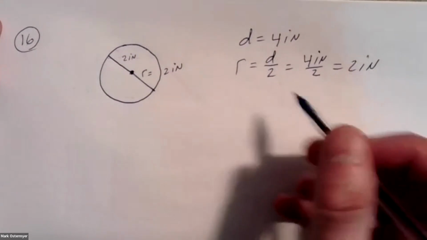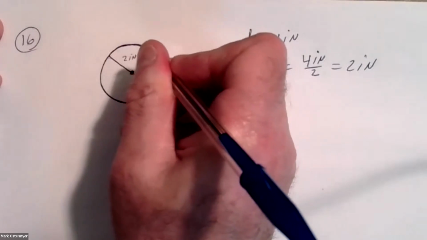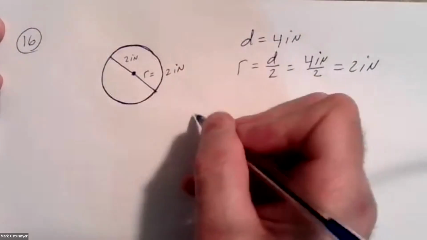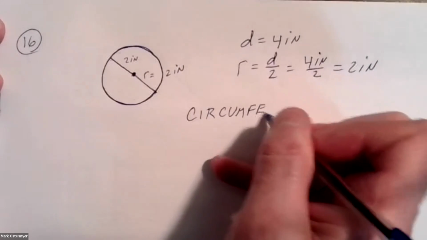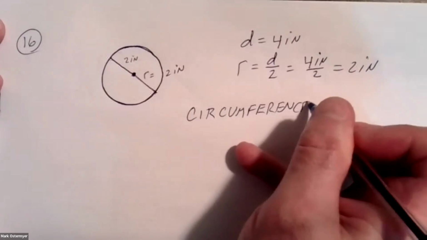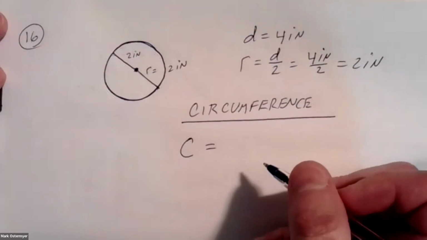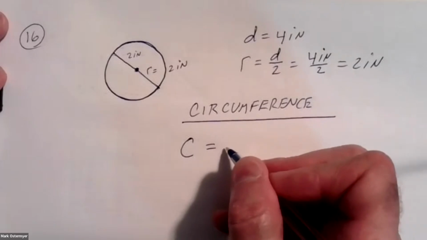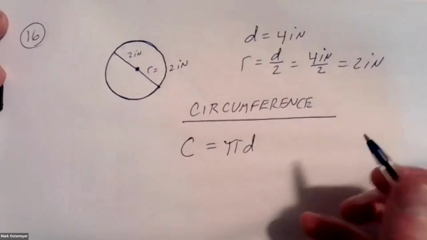All right, anyways, to compute the distance around this circle, the circumference of this circle, which is called the perimeter of a circle, we need to use a formula. Does anybody remember what that formula was? You can use one or two formulas here. It's up to you. You can use the one that just involves the diameter, in which case the circumference is pi times the diameter.